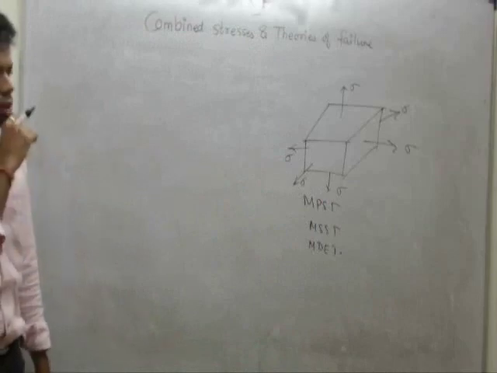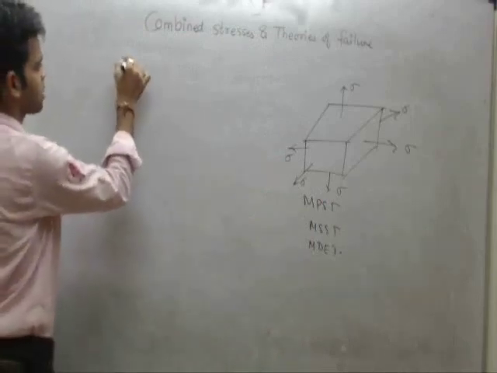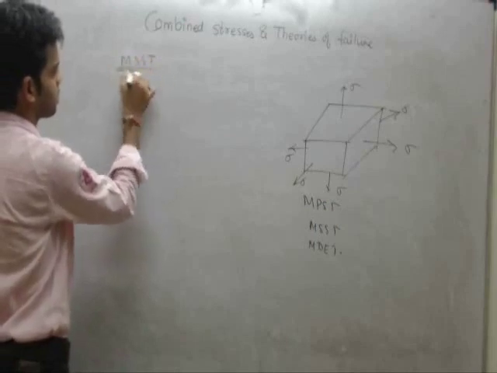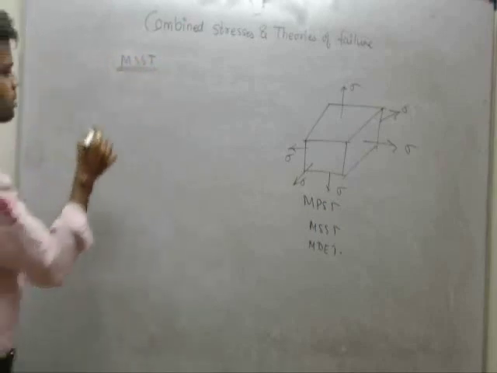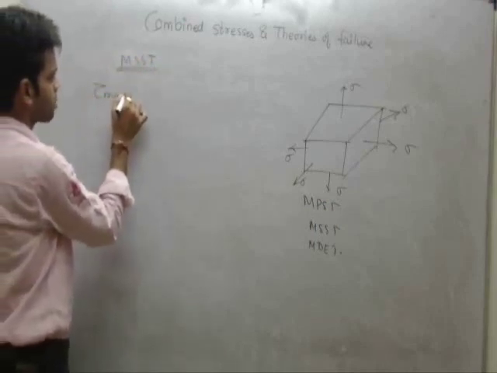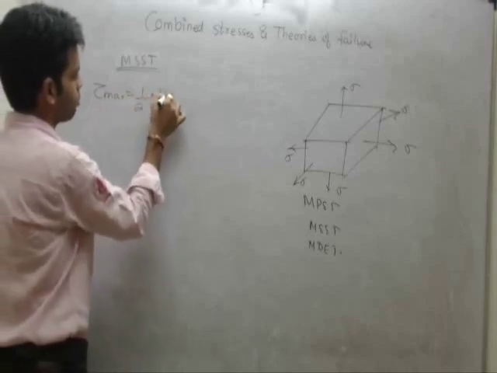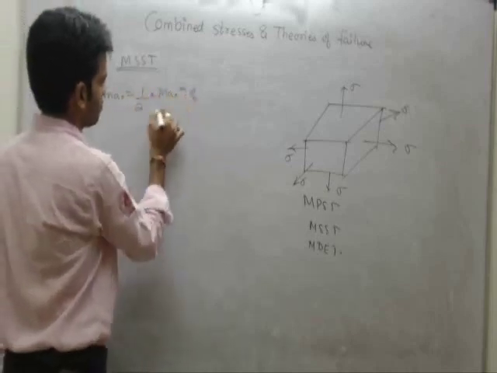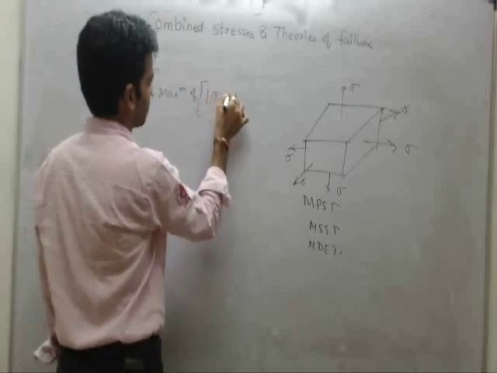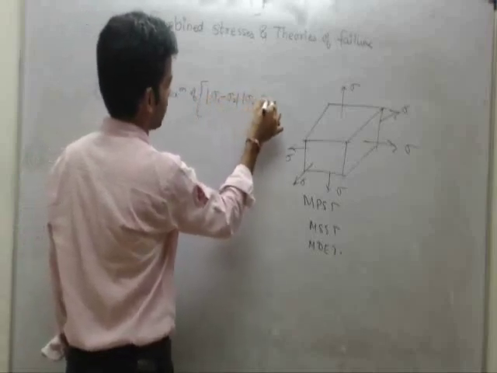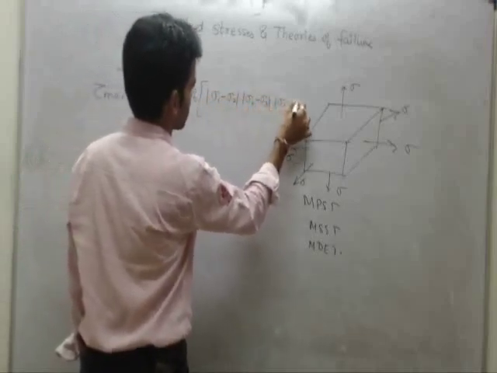Okay, and we know what, according to maximum shear stress theory, let us check it for the maximum shear stress theory. We know what, according to maximum shear stress theory, tau max is equal to half into maximum of sigma 1 minus sigma 2, sigma 2 minus sigma 3, and sigma 1 minus sigma 3.